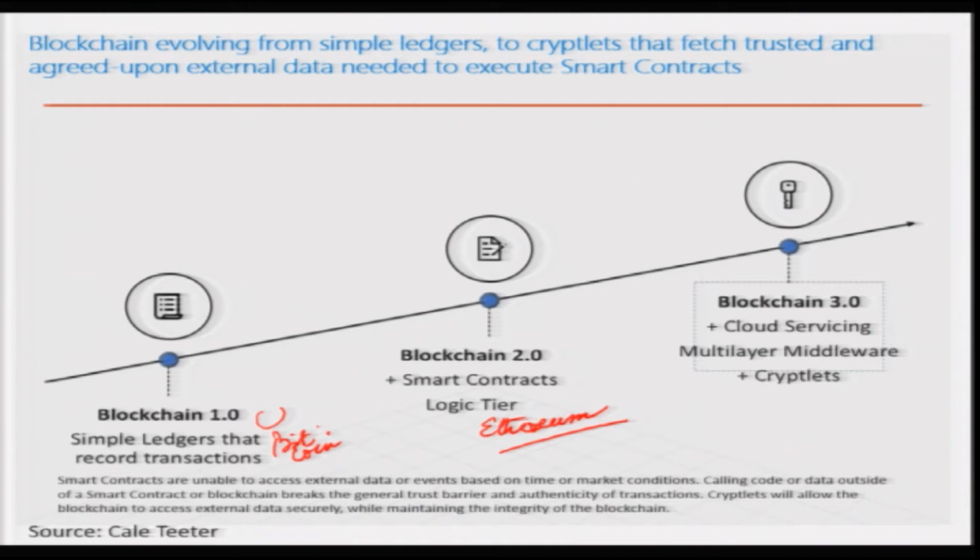Now, we are moving into blockchain 3.0. Blockchain 3.0 has blockchain with smart contracts, but it also has cloud, multi-layer middleware and also something called cryptlets. We will go into that much later in the course if we have time, but the idea is that neither blockchain 1.0 nor 2.0 can interact with the real time data that is coming from the outside. There are some tricks used in blockchain 2.0 to bring in real time data.